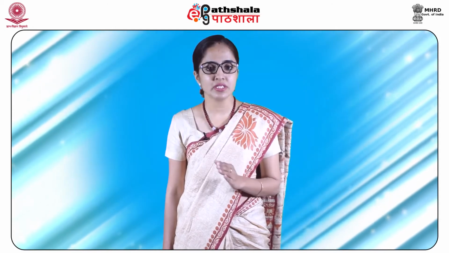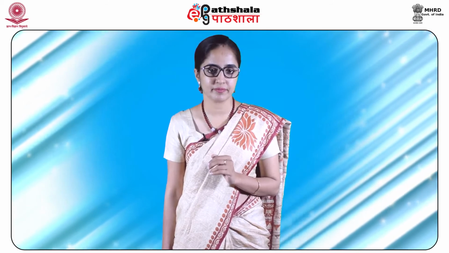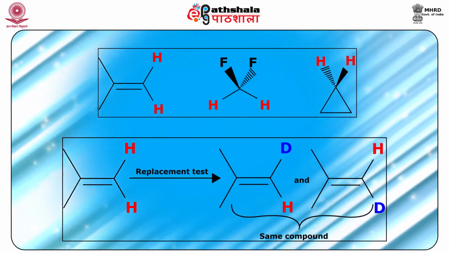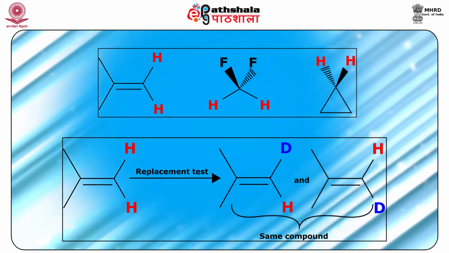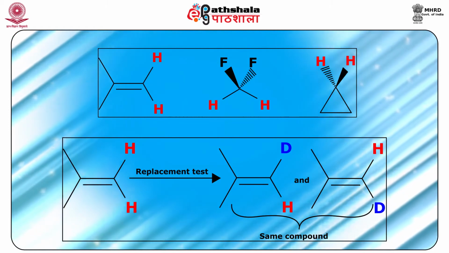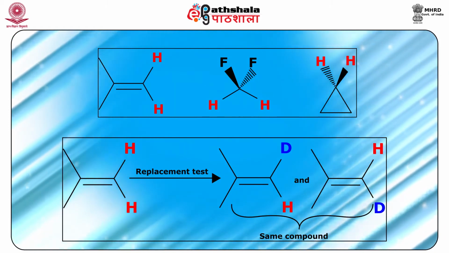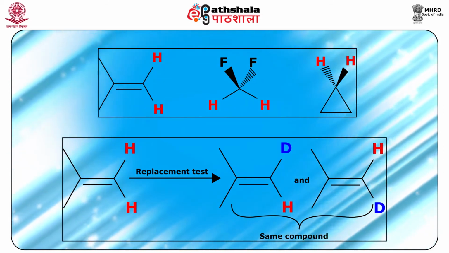Let us now consider each of these types of protons separately. First, homotopic protons. Some examples of homotopic protons. The homotopic nuclei are interchangeable by a rotational axis of symmetry, as explained to you in the example of propane just earlier.